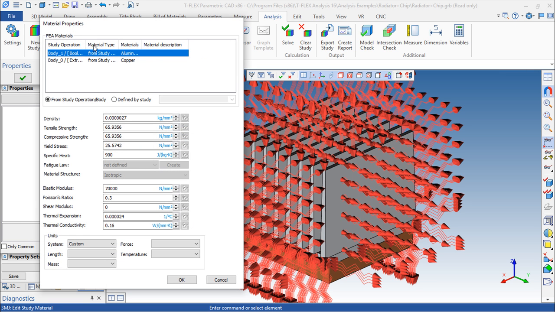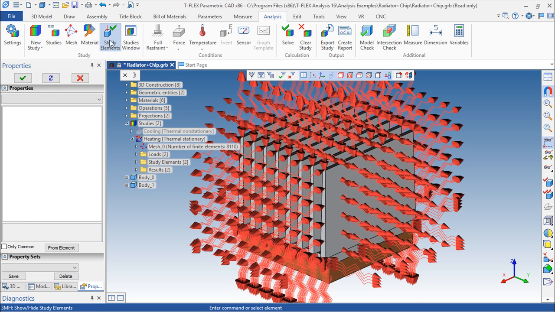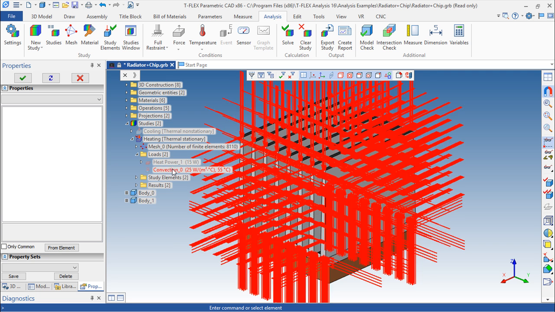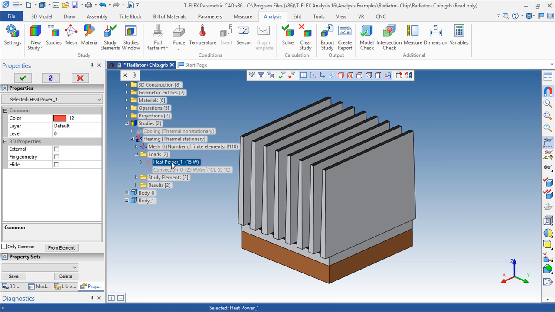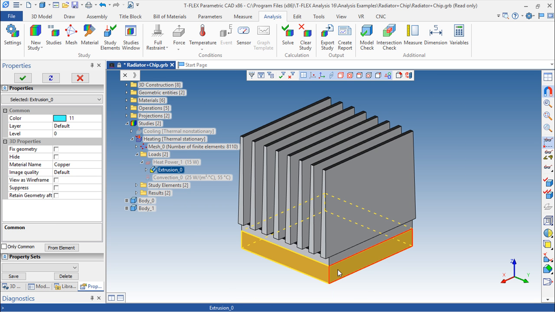So when we go to material, we see that we have one material in aluminum, the top one, and another one in copper for the chip. Nothing different from what we spoke until now. Then we will apply the loads. The first one is applied to the solid below, which I've defined as a heat power 15 watts.